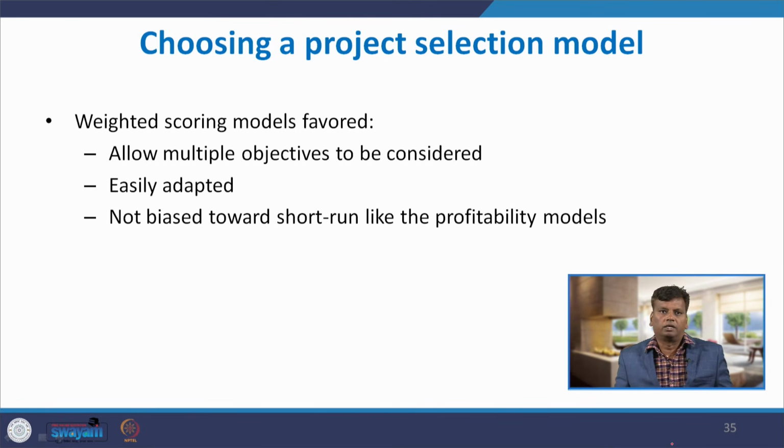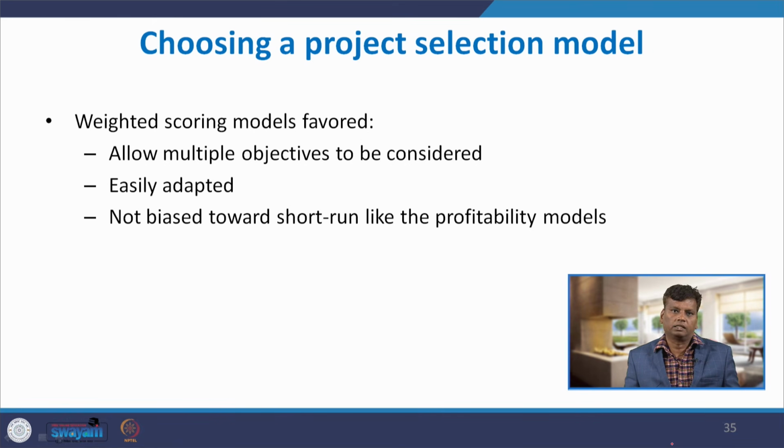The best method, based on the experience of the people, is that the weighted scoring model is the most suitable method, because in the qualitative method there is more subjectivity. In the quantitative methods, even when we study NPV and payback period, there are a lot of assumptions. There we consider only one criterion, whether it is cost or benefit. But managers suggest that the weighted scoring model is the most favorable method for choosing a project.